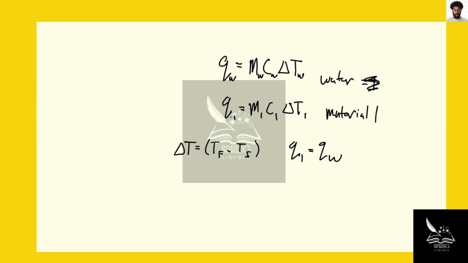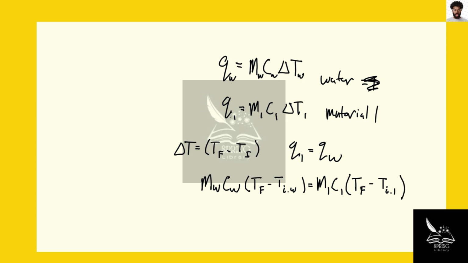That is to say, we can equate these two and say that the mass of the water times the heat capacity of water times the final temperature of the water, which is the same for the water and the material because it came to equilibrium, minus the temperature initial of the water, TIW, let's call it, is going to be equal to the mass of our material times the heat capacity of our material times the final temperature, which is the same for both, minus the initial temperature of our material, TI1.